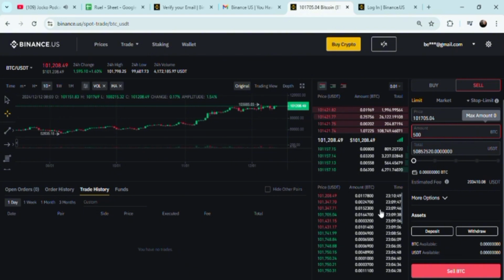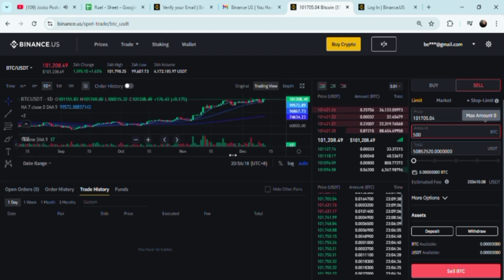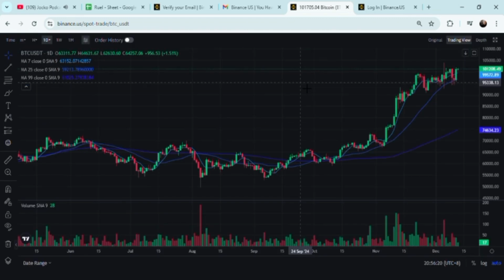Define a risk management plan. Decide how much you're willing to lose per trade. Usually experts suggest no more than 2.5% of your capital. So avoid going all in on a single trade or asset, because it's really bad. Diversify your portfolio.